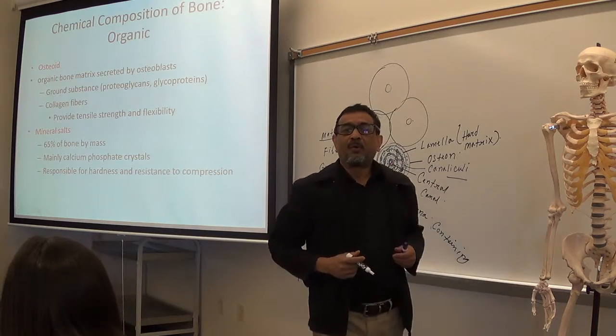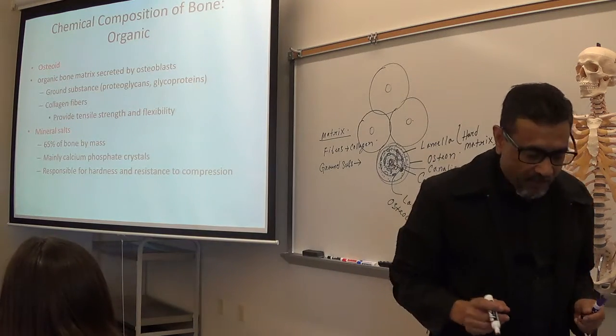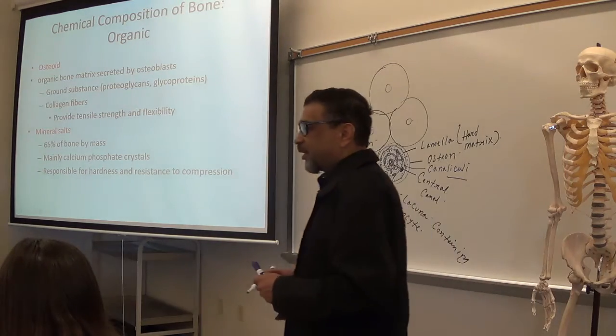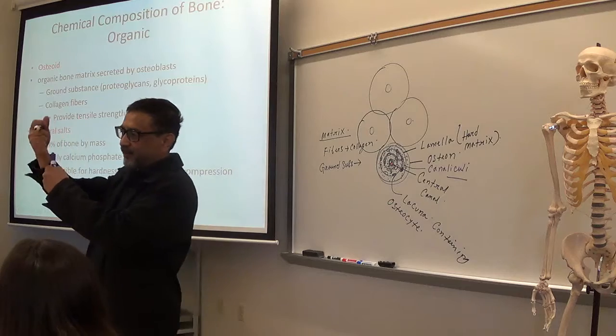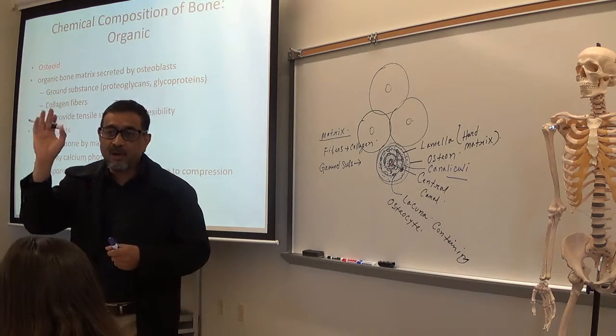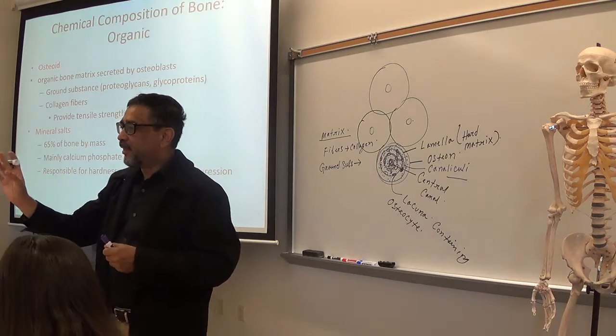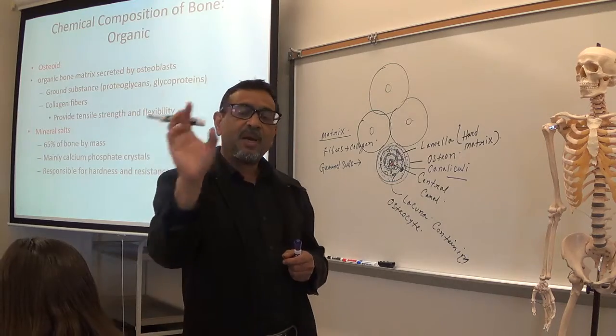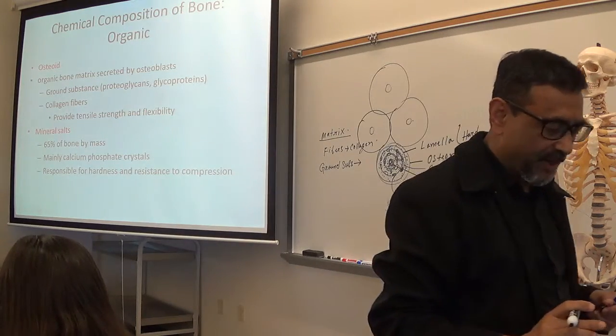Now, the collagen fibers inside the bone provide flexibility of the bone. Hardness, write it down, is given by the osteoid or matrix, and fibers give the flexibility.